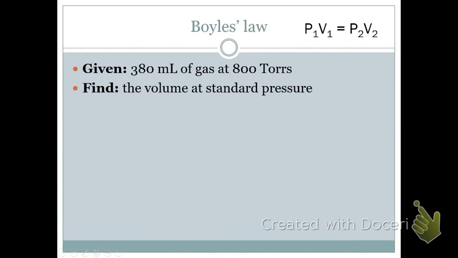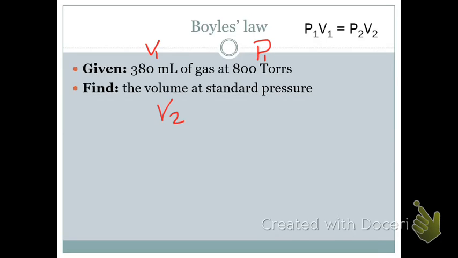Next question. This time I have 380 milliliters of gas at 800 torr, and I need to find the volume at standard pressure. So my condition 1, V1, is 380 milliliters. P1 is 800 torr.